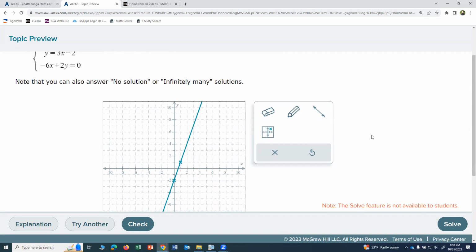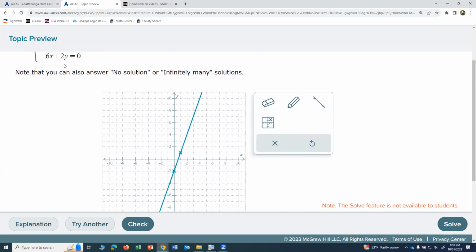Now the second line is the one that I will need to change into slope-intercept form. So let me grab my pen. I'm going to solve for y. And I start out with negative 6x plus 2y equals 0.